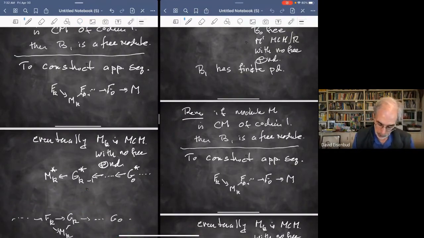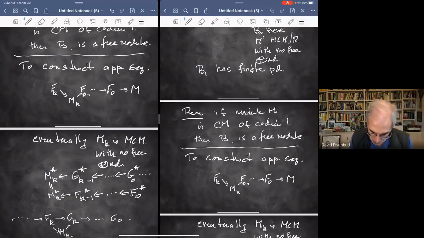When I made this resolution of the G's, of course, I also have a complex covering MK star, namely FK star, K minus 1 star, etc., down to F0 star. And since these are equal, there's a comparison map. It always goes from a projective complex, which the F's are, to an acyclic complex, which the G's are, because I chose a resolution.